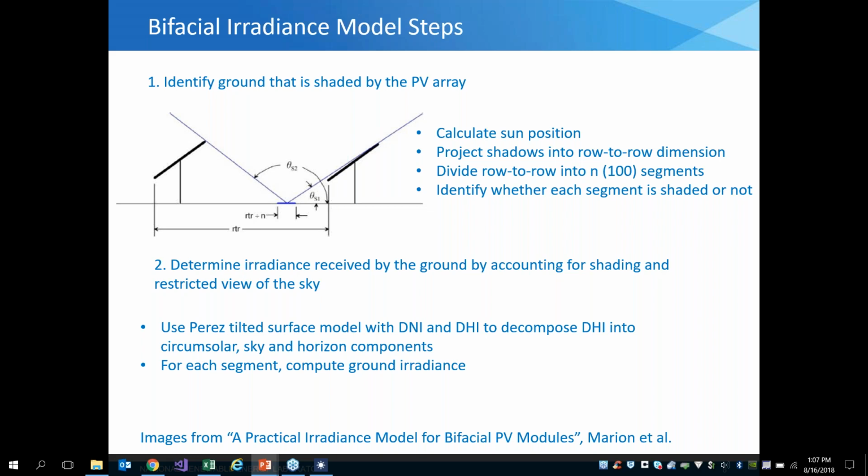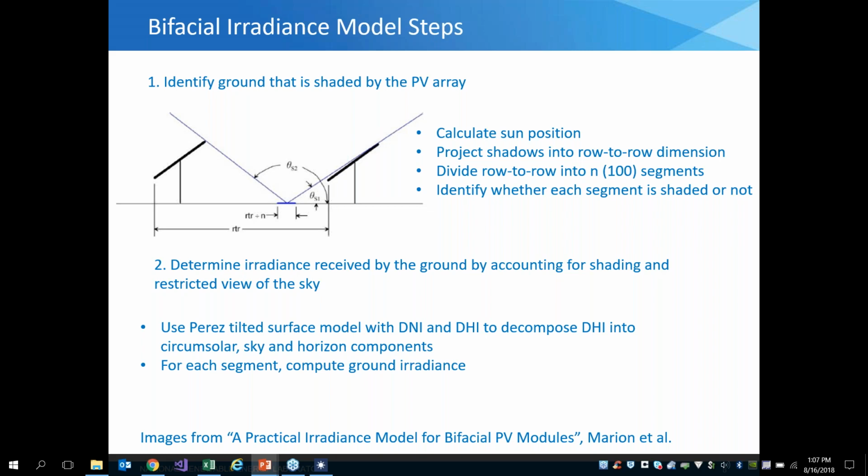To do this, we calculate the sun position, project shadows into the row-to-row dimension, which is the area between rows of a PV array, divide the row into n segments, which we use 100 segments, and then identify whether each segment is shaded or not.